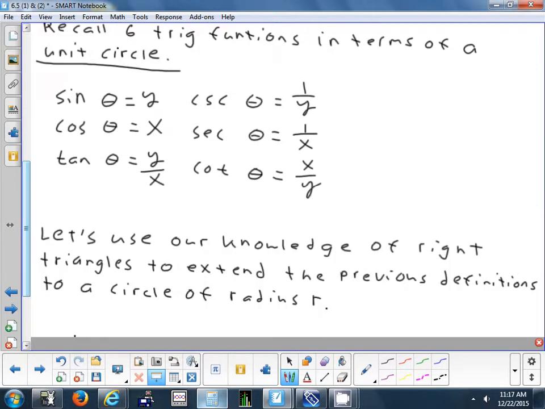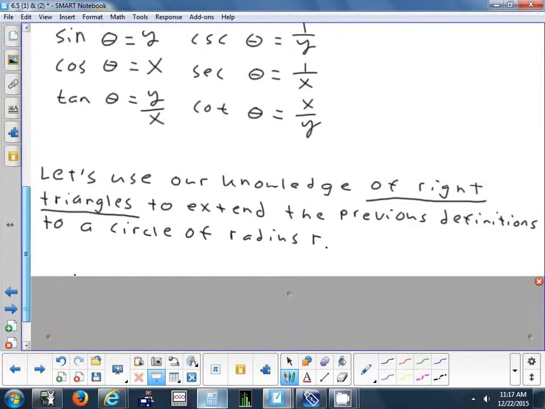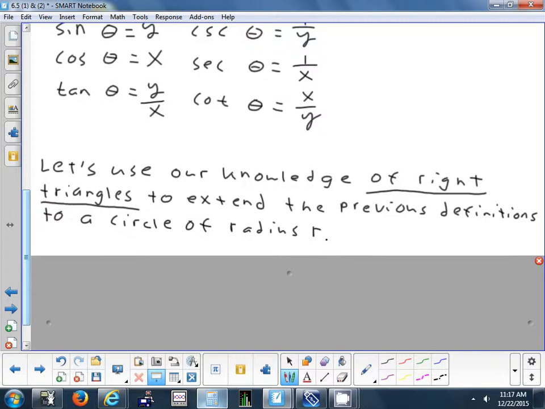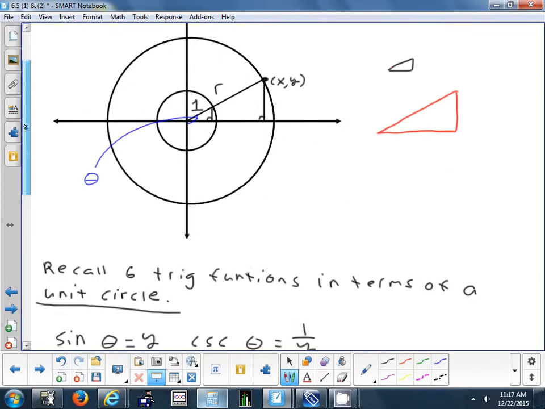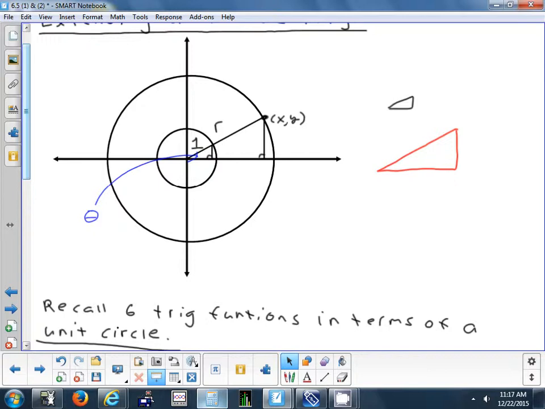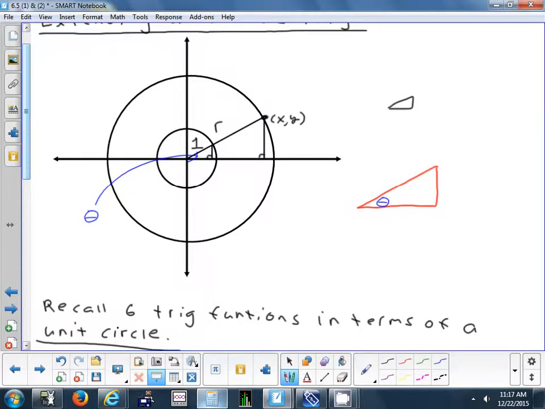Well, there's a couple ways we can extend it to a circle that's not a radius of 1. We're just going to use what we know about right triangles to do that. That's the easiest and quickest way. So I'm going to look at that triangle in red, the big triangle. Here's theta.